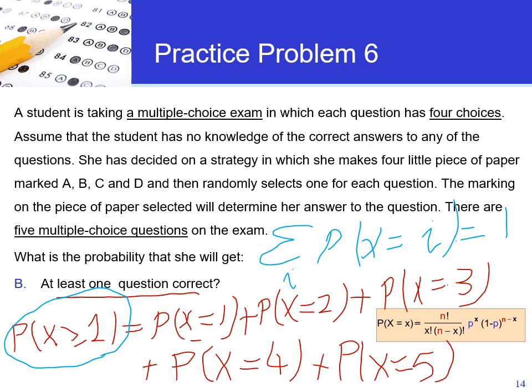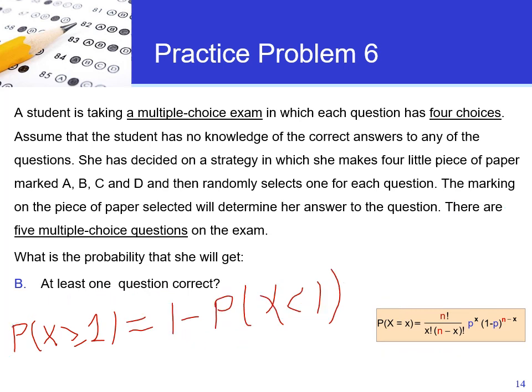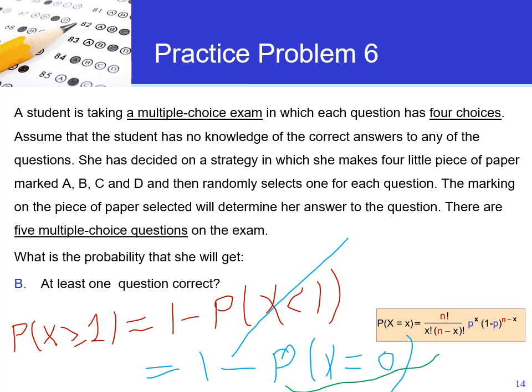Instead of solving for the probability of X greater than or equal to 1, we're going to find 1 minus the probability that X is less than 1. And since we are working with discrete numbers, less than 1 means only 0. So that means this is equal to 1 minus the probability that X is exactly 0. So now we only have to plug in and solve for 1 value, that's 0. We plug in X equal to 0, find it, and then subtract that from 1 and we get our solution.